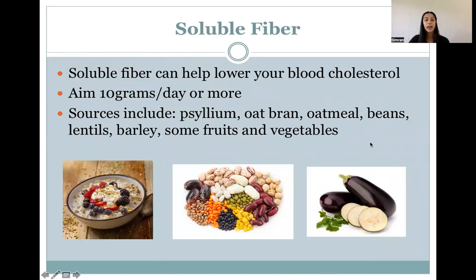So soluble fiber is a type of fiber that's a sticky, gummy fiber, and it can help lower your cholesterol. We do have a presentation on the Heart Center website on different types of fiber, so I'd encourage you to go to that presentation for more details.